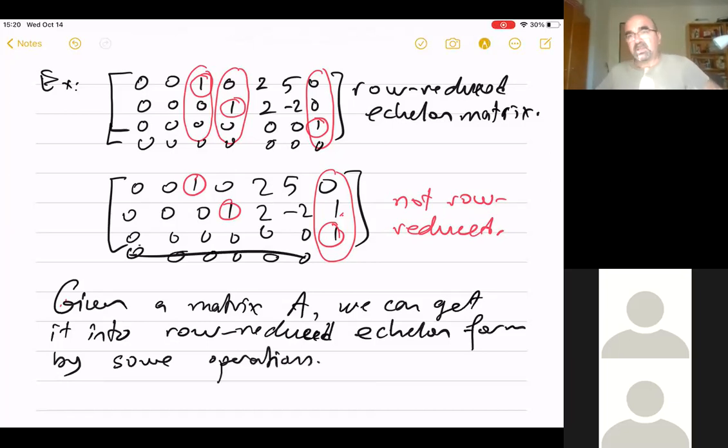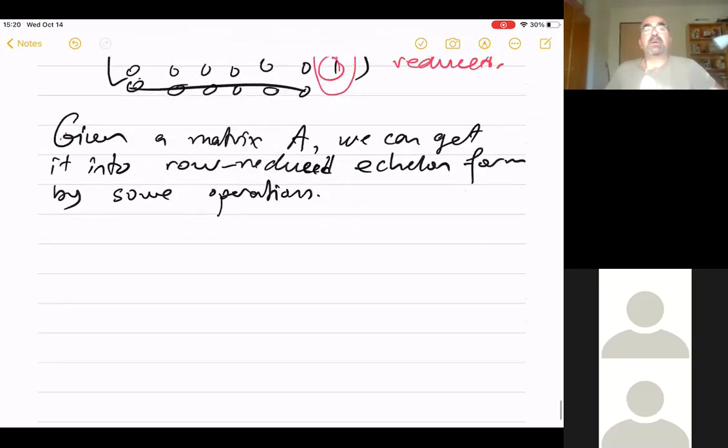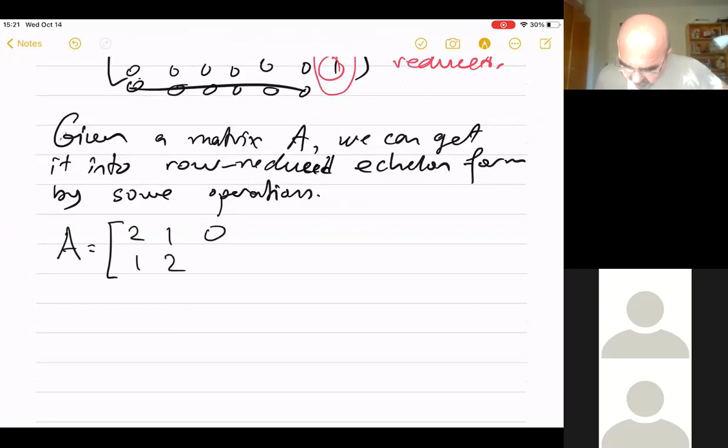Which we will discuss in detail in the next lecture. What are the operations? Let me give a hint. Let's take this example, 2, 1, 0, 1, 2, 5.